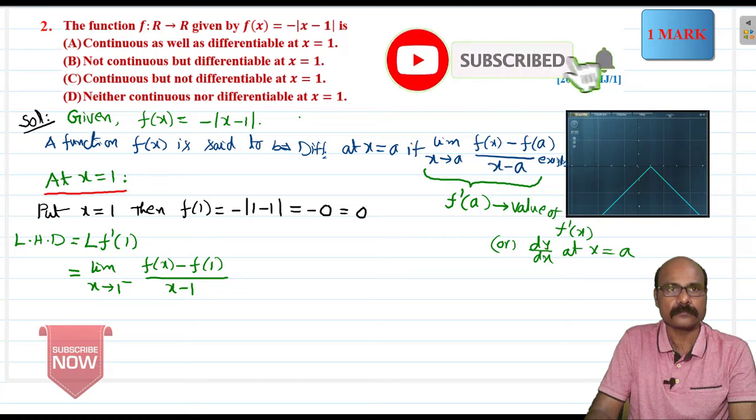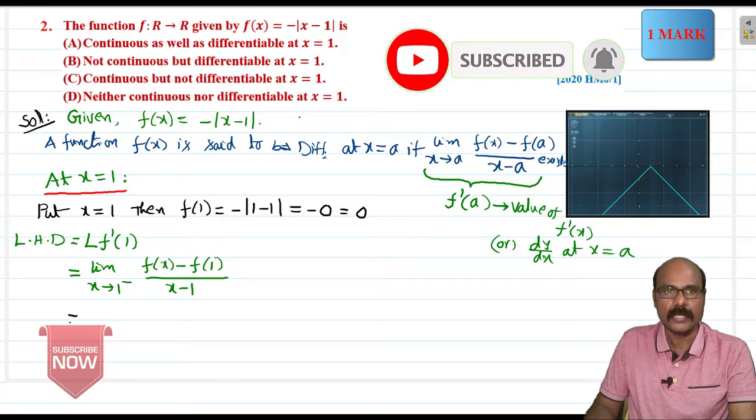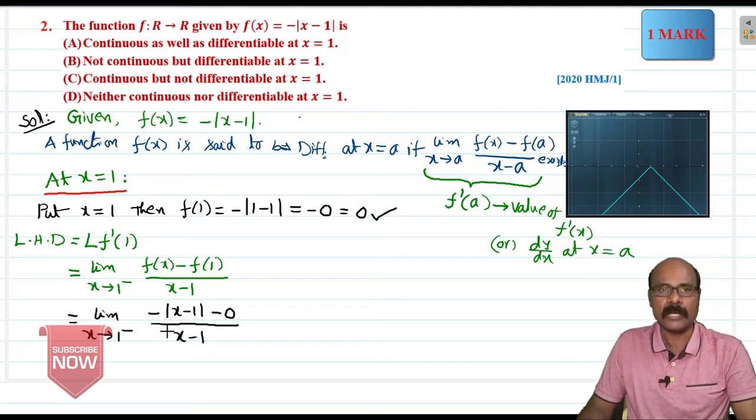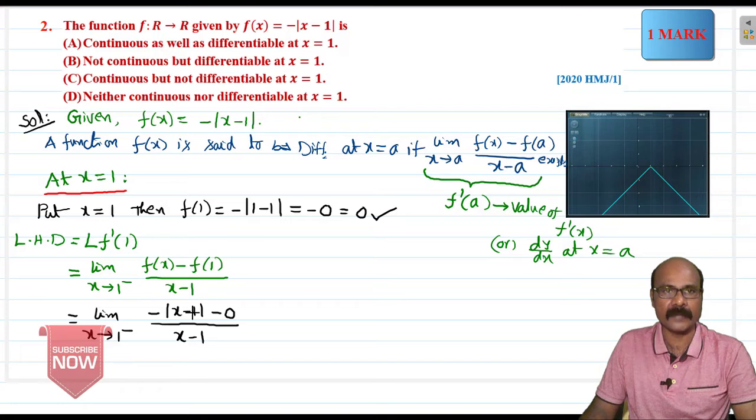That is equal to limit x tends to 1 minus of minus modulus of x minus 1 minus f of 1, whose value is 0, by x minus 1. Now what is the value of modulus of x minus 1?